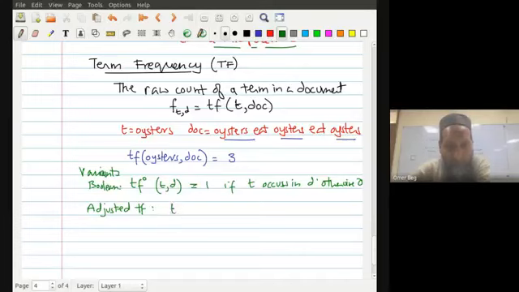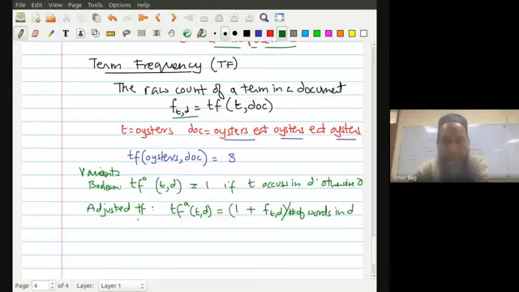In that case, TF, let's call it TFA, given a term and a document, is 1 plus f of t,d that we computed earlier above, divided by the number of words in d. So in the above case, let me give it to you.